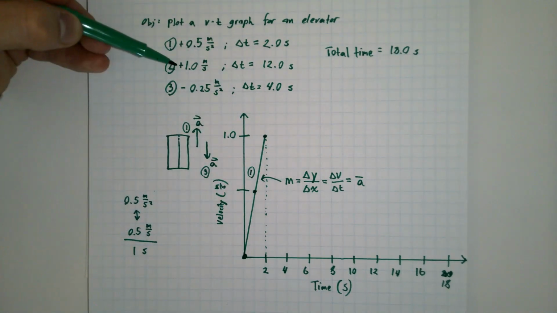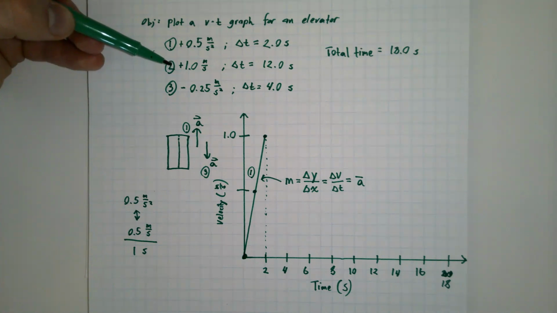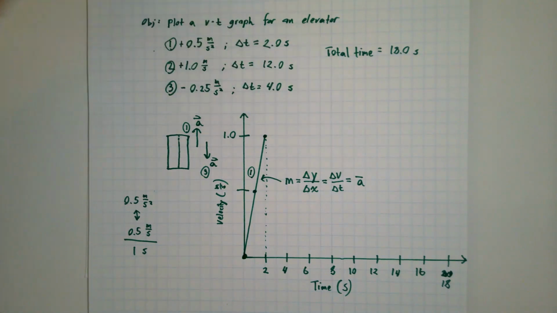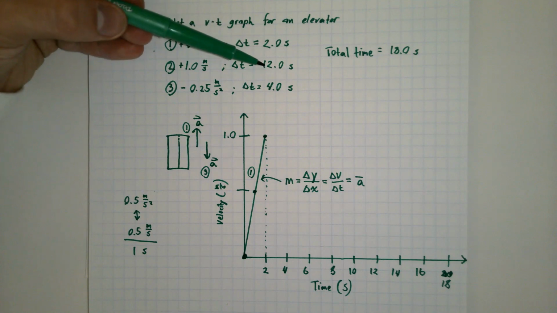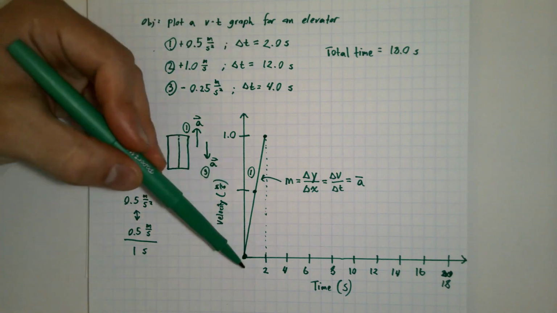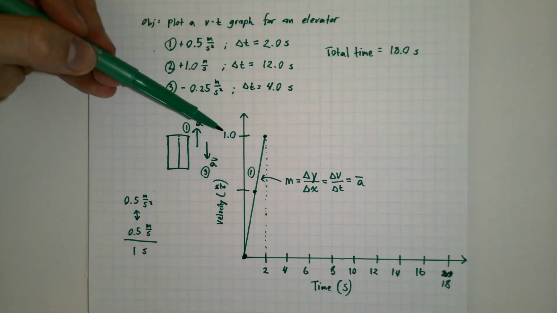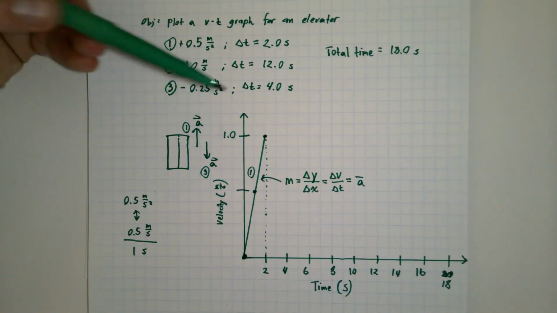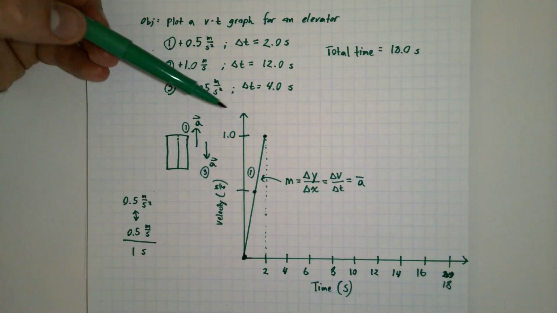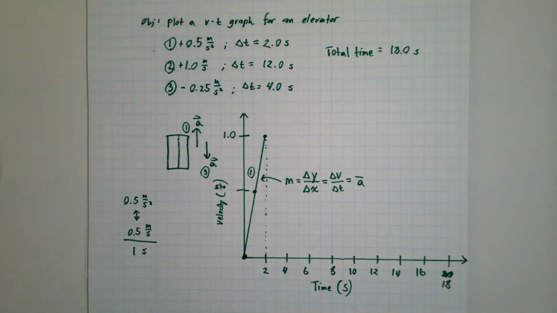What about movement 2? Movement 2, do we see an acceleration? In other words, do we see a change in velocity? Our problem tells us that we move at a constant velocity for these 12 seconds. So we get from 0 up to 1 meter per second, but then once we get to 1 meter per second, we stay at that speed, at that velocity, for 12 more seconds.